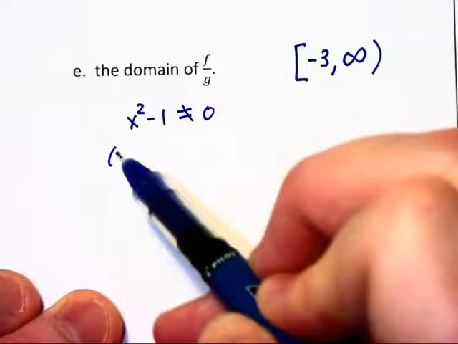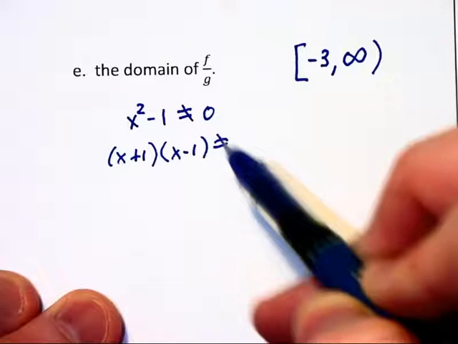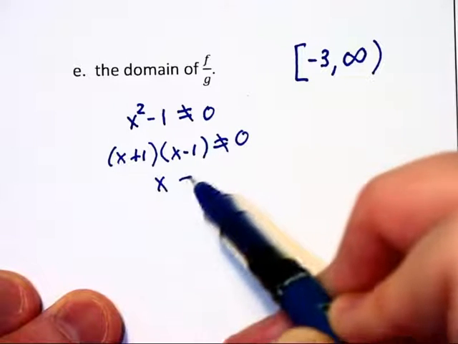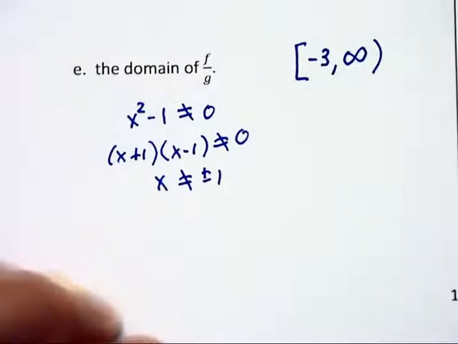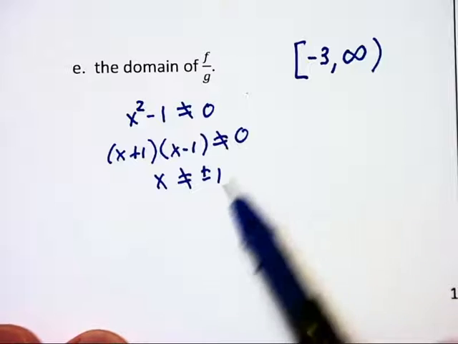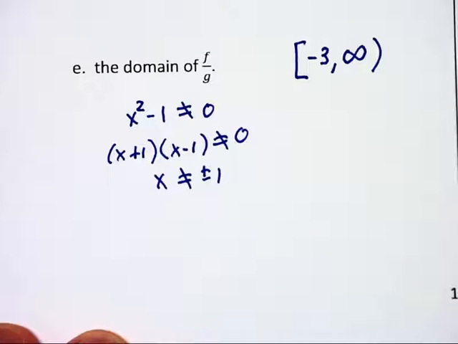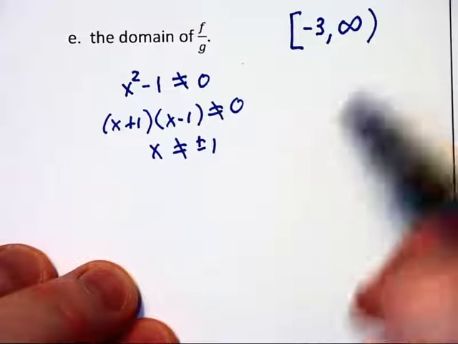And that means if we factor the left, that cannot equal 0, and therefore x cannot equal plus or minus 1. Now technically I just solved a non-equation using properties of equations, and that's kind of bad news, but I think you understood what I did.